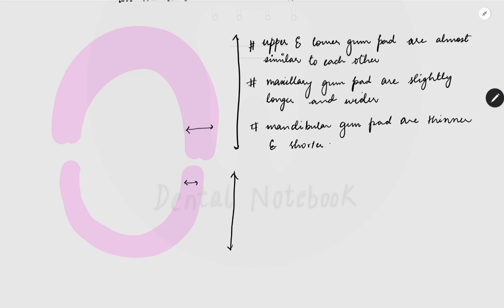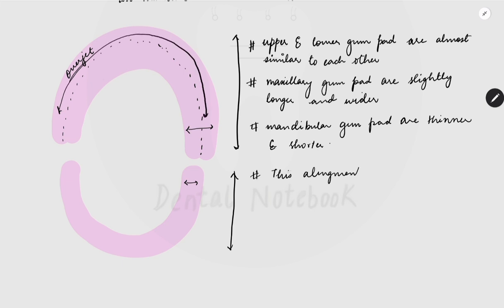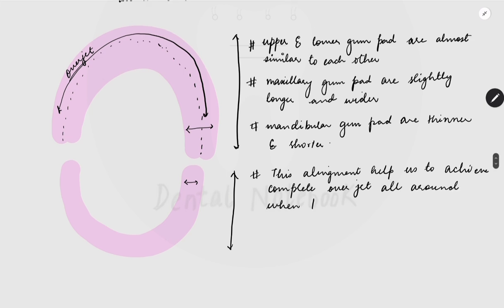So when they come together, you will see that there is an extra space in the maxilla. This overall area is called overjet. So this alignment helps us to achieve complete overjet all around when the maxilla and mandible are approximated.